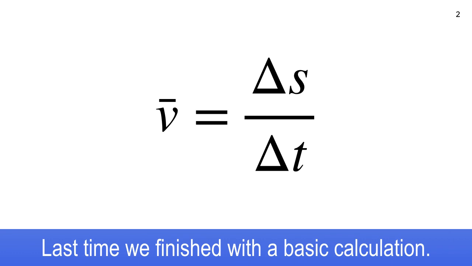So X and Y: the X-axis is usually envisioned as horizontal, the Y-axis is usually vertical, as in looking down on a piece of graph paper, and the Z-axis is perpendicular to both of them, coming out in the third direction. But if you have some other axis, like what we were doing on Friday, kind of on a slant, then you can use just the generic symbol S. And the average speed is delta S over delta T, and we did that calculation.